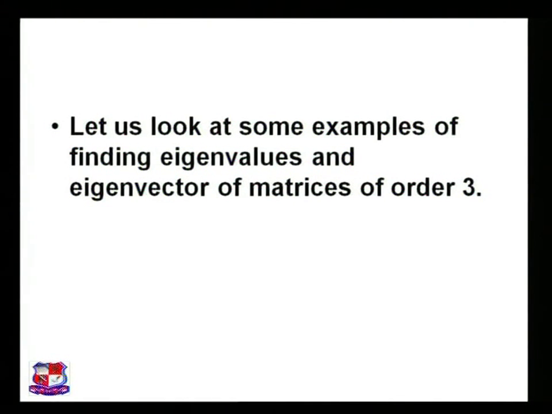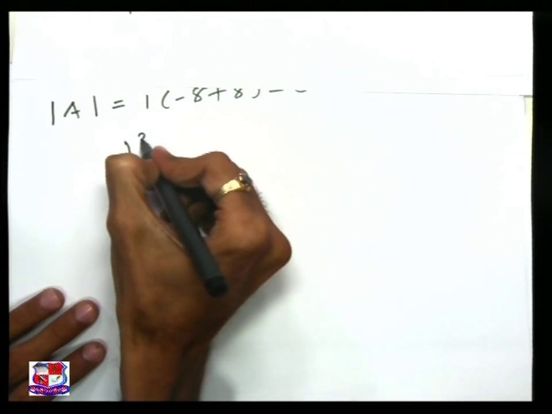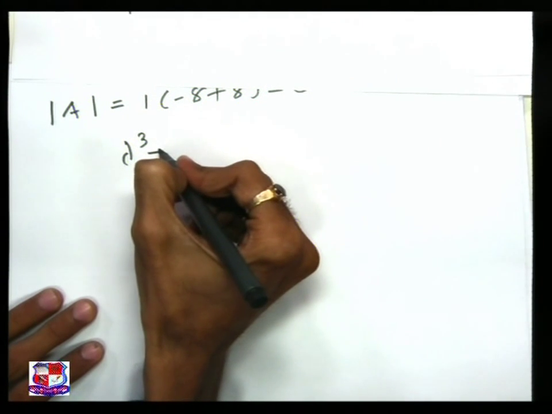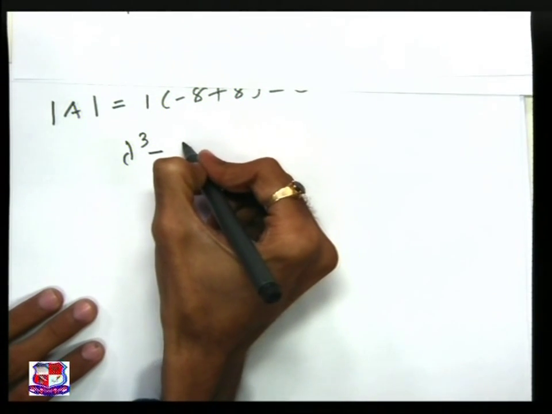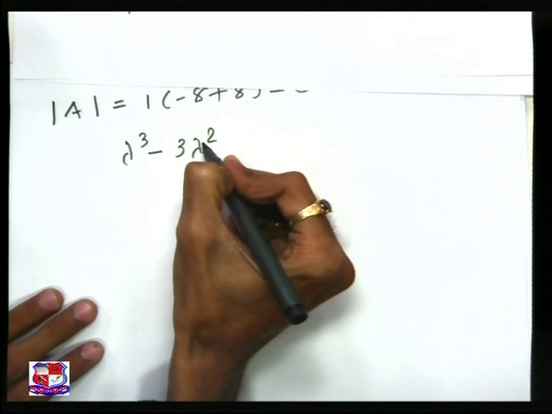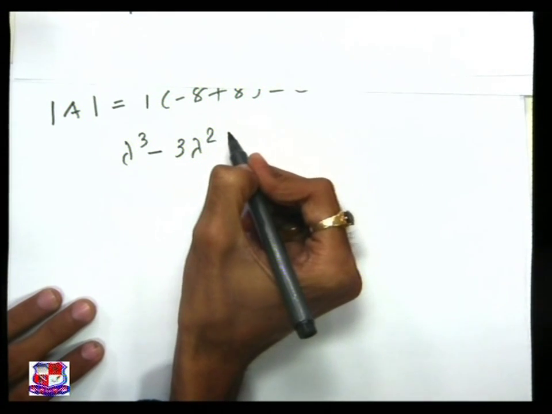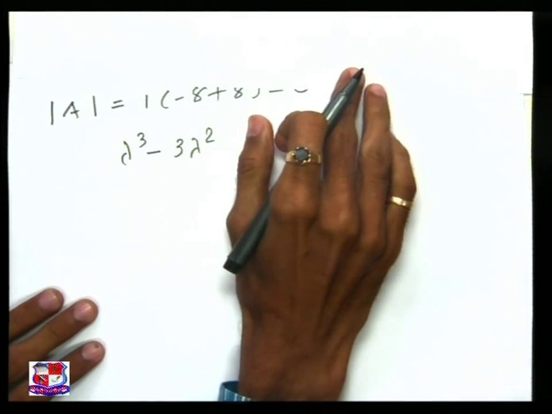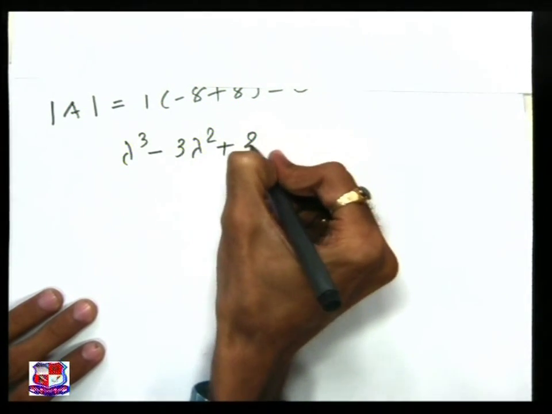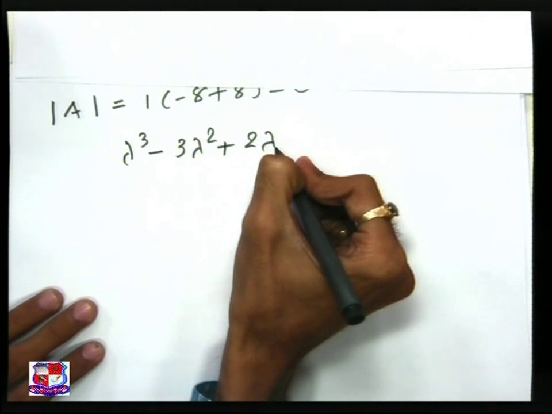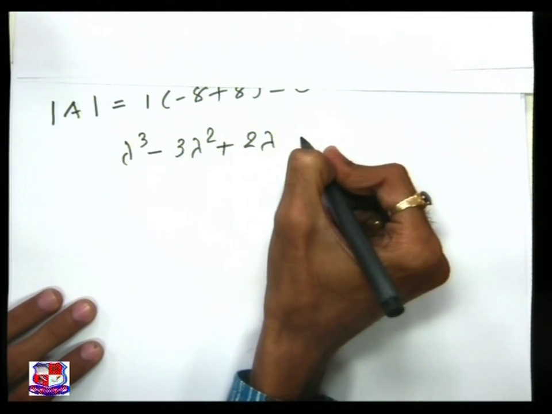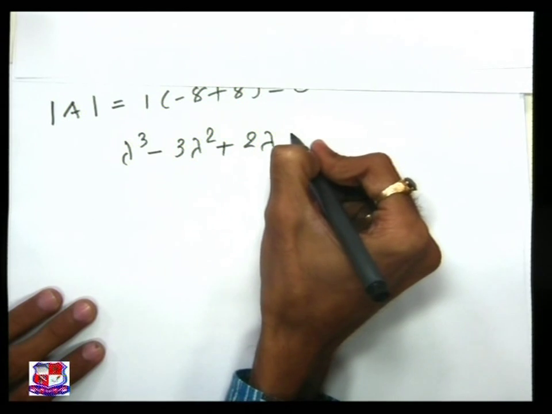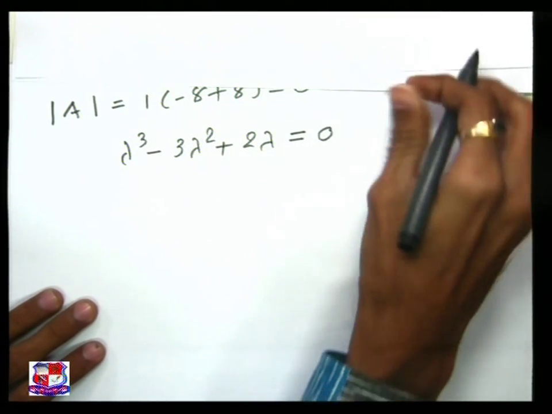The characteristic equation is lambda cube minus S1 lambda square, that is minus 3 lambda square, plus S2 lambda, S2 is equal to 2, so plus 2 lambda, minus determinant of A, which is 0, equals 0.